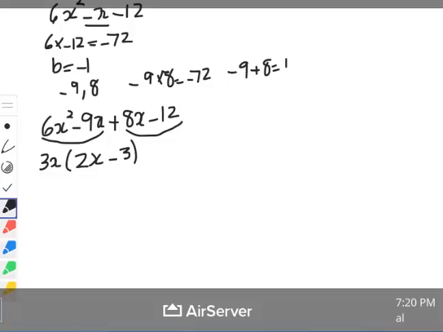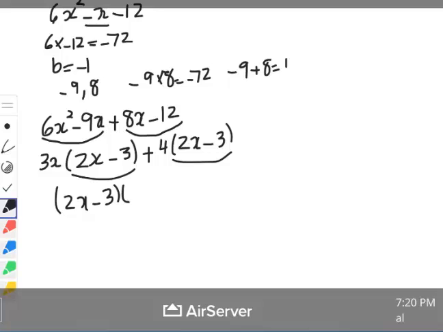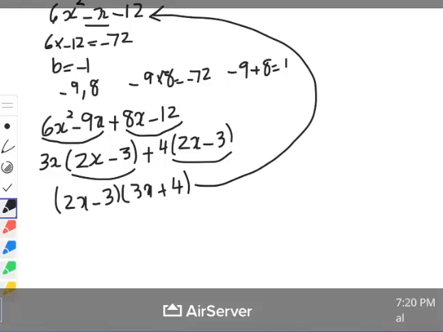For 8x minus 12, the common factor is going to be 4, so I get 2x minus 3. Now if you look, 2x minus 3 is common between both terms, so I can factor 2x minus 3 out, and I get 3x plus 4. This is the factored form of the original expression.